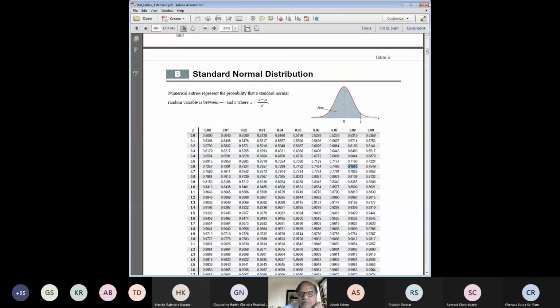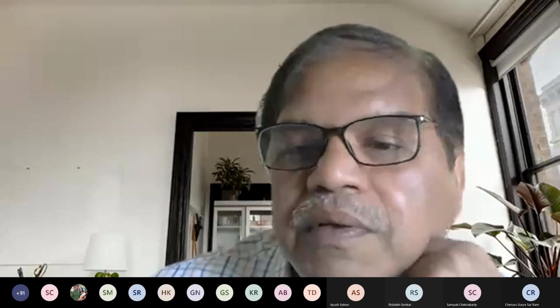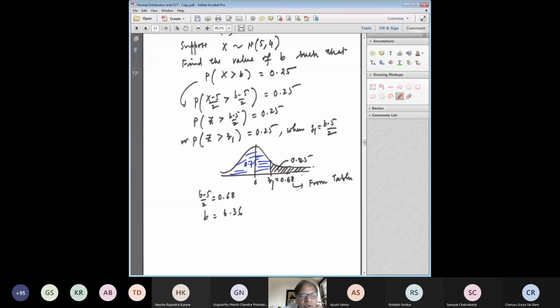So again, as you can see, this point we have got is 0.68. So z1 becomes 0.68. I put it here and solve for the value of b.